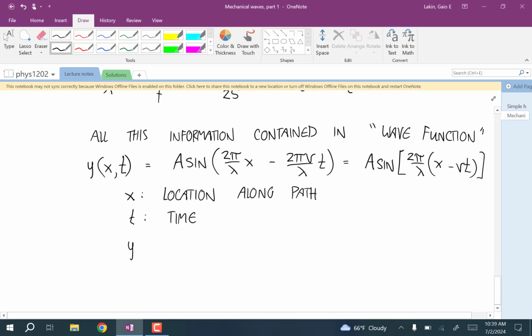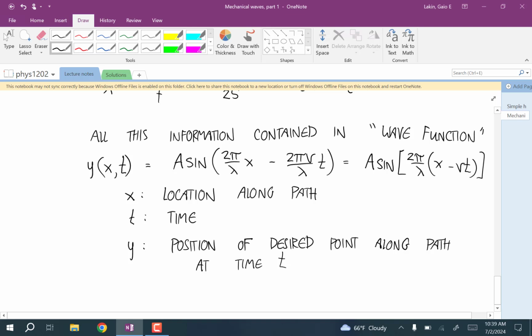And then y is the position of the desired point along the path at the time t. So this wave function can tell you how that point that you're interested in is oscillating at that instant.